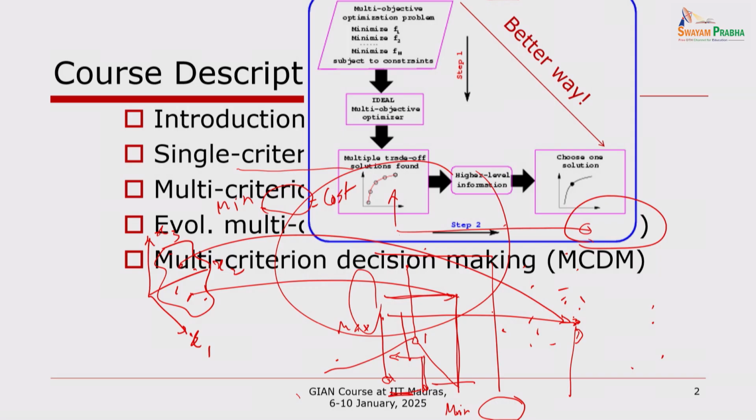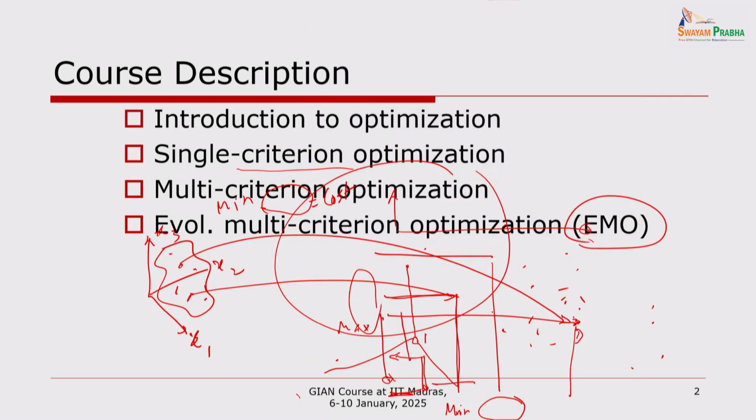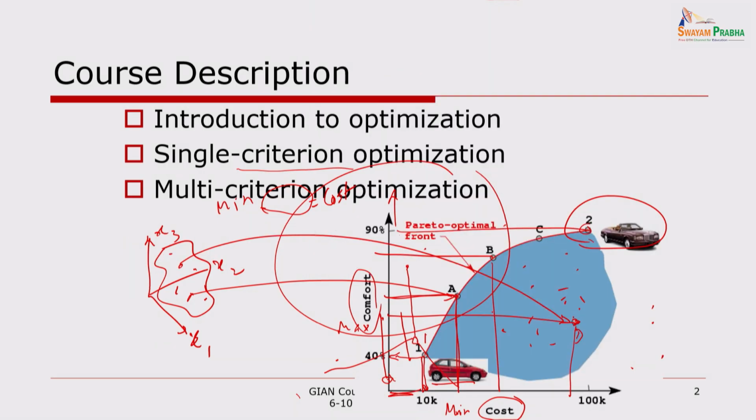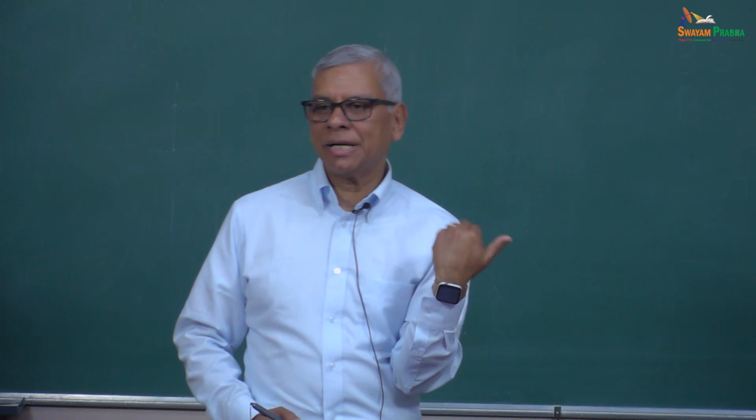Along with that comes multi-criteria decision making, because let's go back again. Optimization can find a number of points on the Pareto set. Let's say I find 10 points over here, starting from 1, ending up at 2, maybe a uniformly distributed set of points. So I get a good idea of how my Pareto optimal front looks.